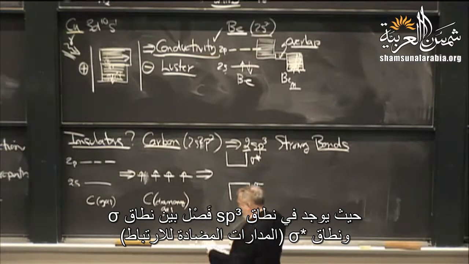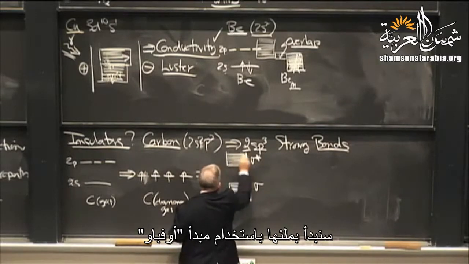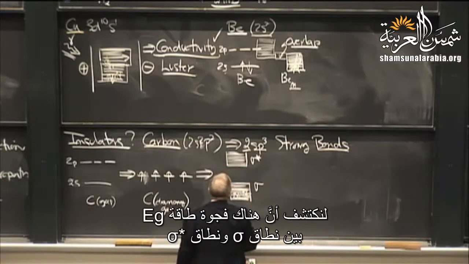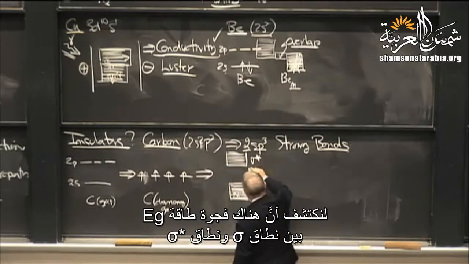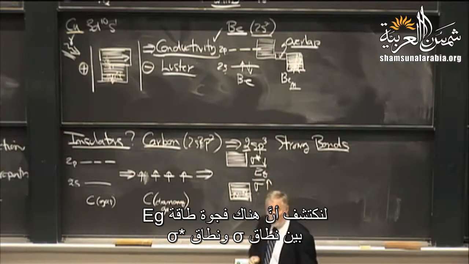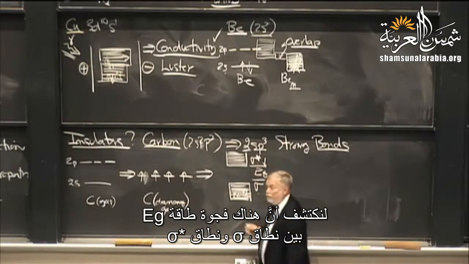All right, and so we start filling these up using Aufbau, and we discover that there's an energy gap, E sub g, between the sigma bonding orbital band and the sigma star band.